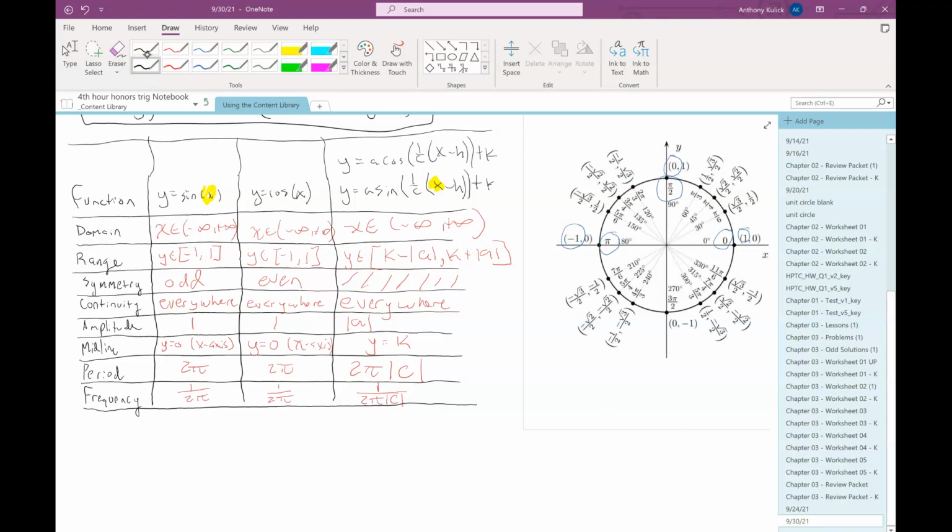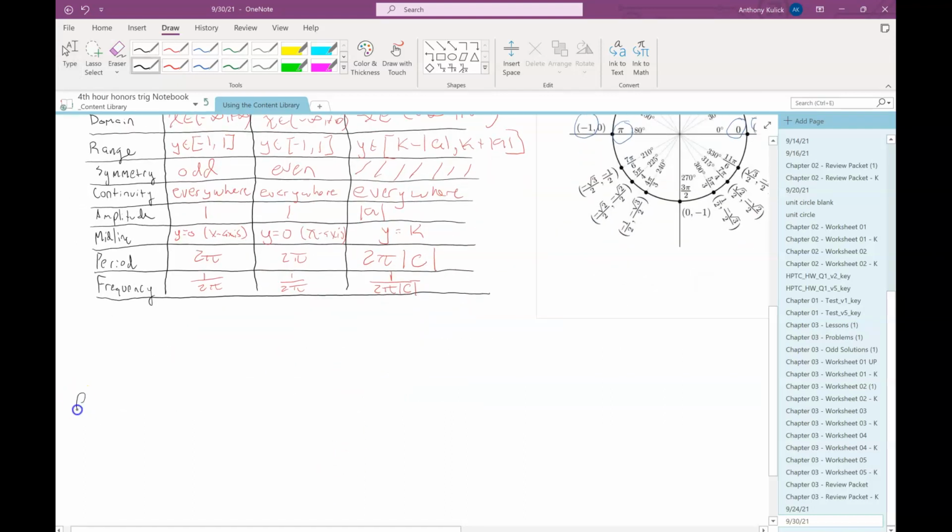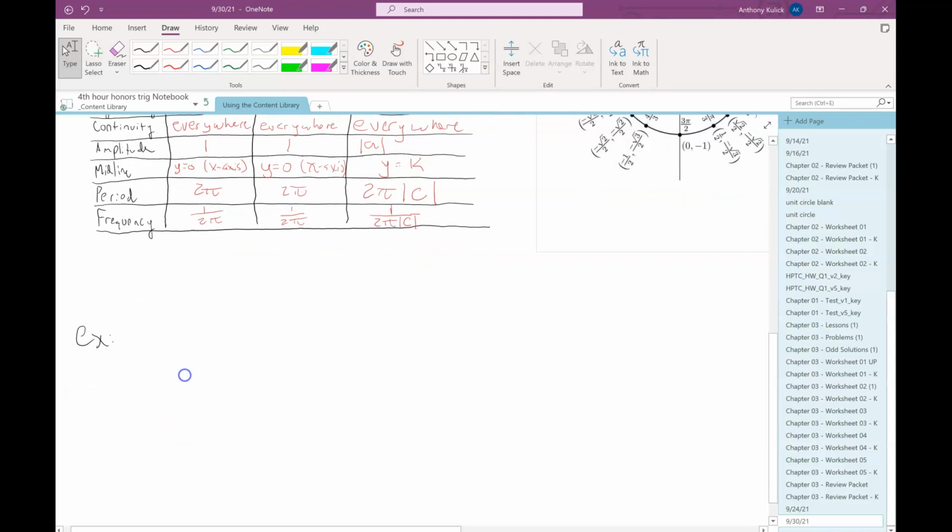So we have something like that. Cool so far? Okay. Let's pause here and do a little example, just making sure that conceptually you got all this stuff.